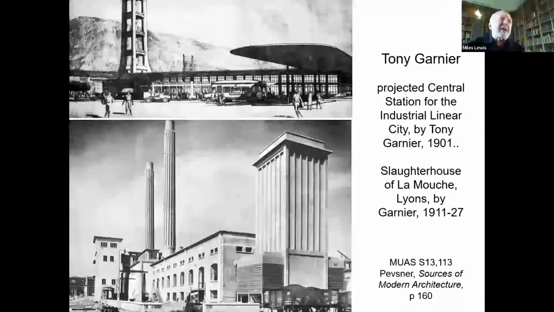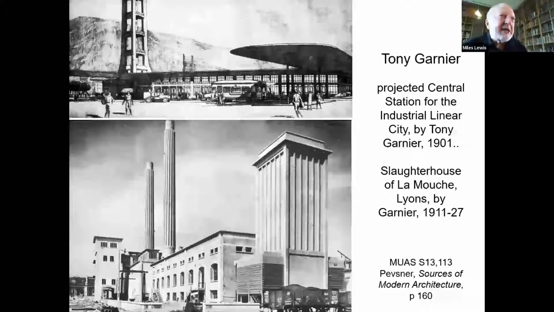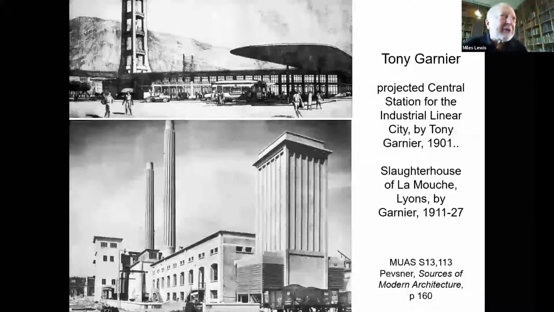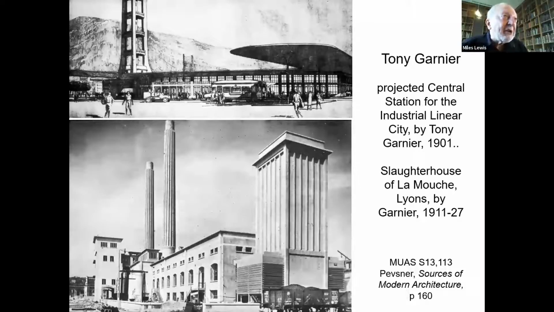And especially prominent was the top entry in a competition designed by the architect Tony Garnier, who won the Rome Prize, designing an airport with that giant cantilever on the right and the water tower on the left, rather like what we just saw. And in practice, he builds much more functional, but still all concrete buildings like the slaughterhouse in Lyon on the bottom left.